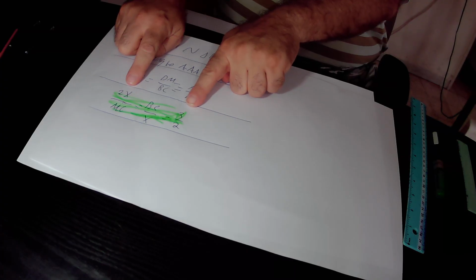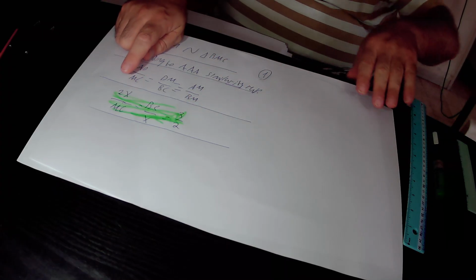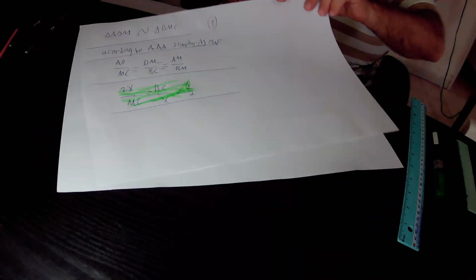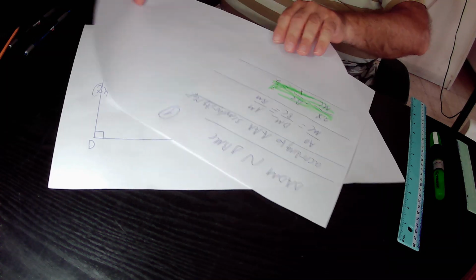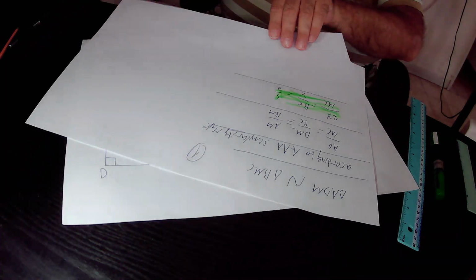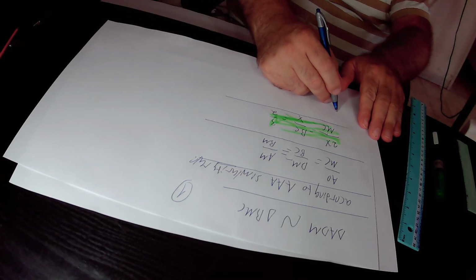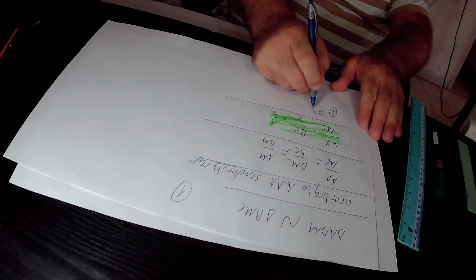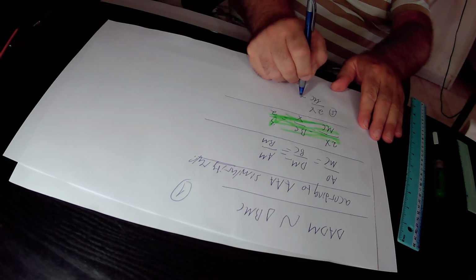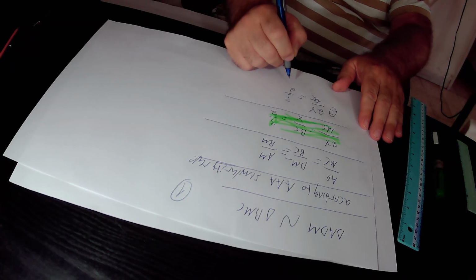According to equation 1, we get that 2x over MC equals 3/2. So I write it down.